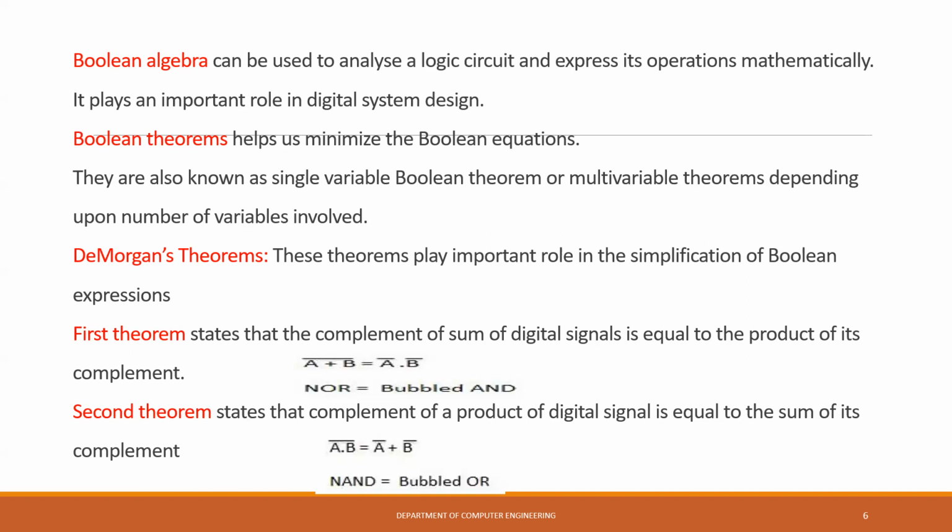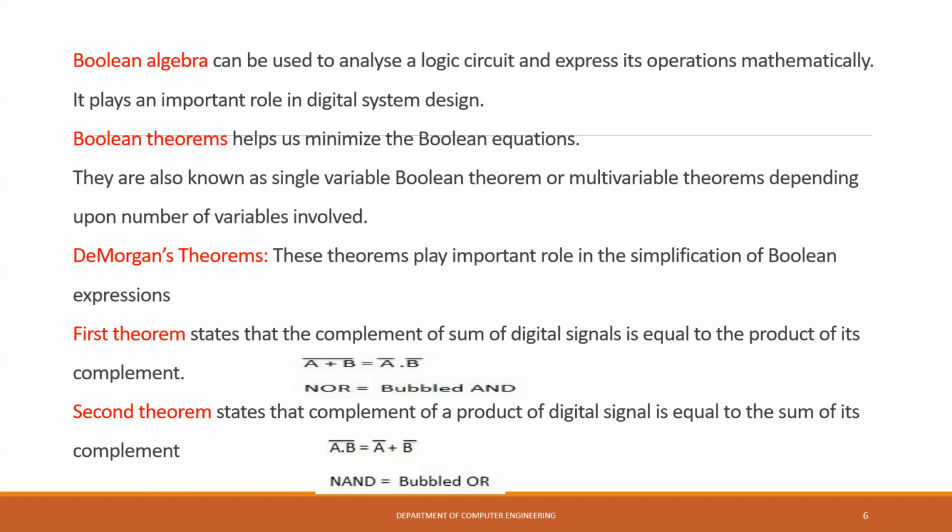Now, let us discuss De Morgan's theorems. De Morgan is the name of a scientist. He derived two theorems, labeled as the first theorem and the second theorem. These theorems play an important role in the simplification of given Boolean expressions.